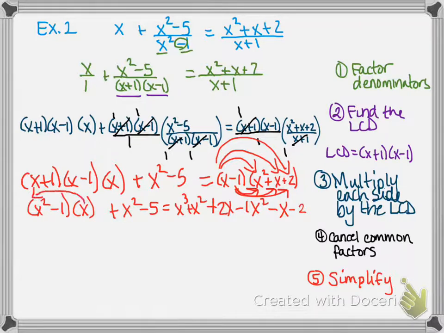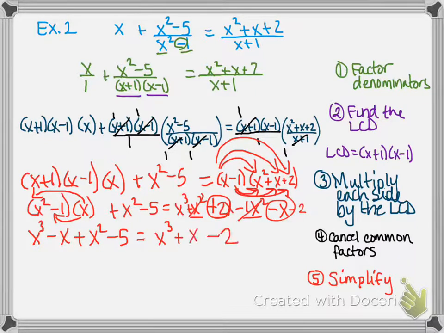On the left-hand side, x times x squared is x cubed, x times 1 is minus x. We still have plus x squared minus 5 equals x cubed. Combining my x squares, they're going to cancel out. Combining my x's, 2x minus x is plus 1x, and still have minus 2.